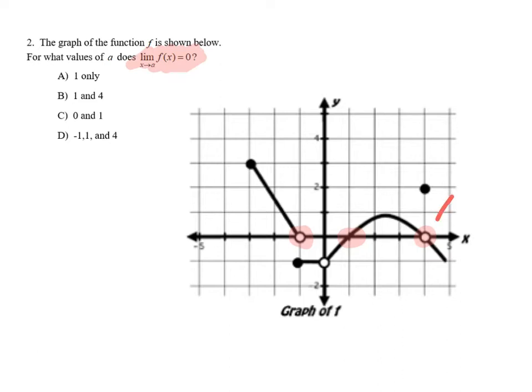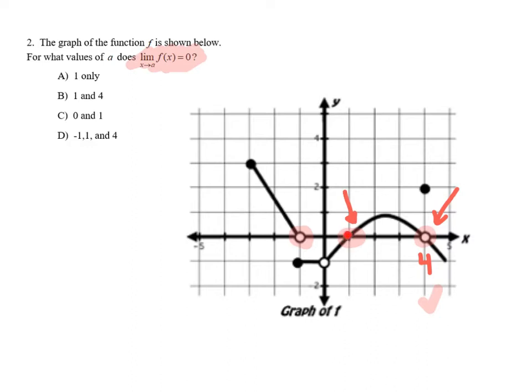So first of all, I really like this answer in terms of a limit, a general limit at 4. I like that because we're coming in from the low side and the high side, so I'm all about this spot. Next, let's take a look at this moment in time down here at 1.